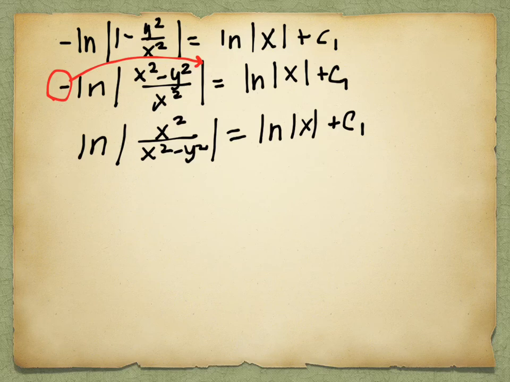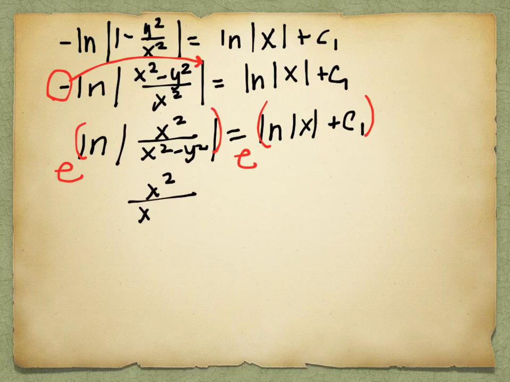And then I can do the base e. Okay, so on the left-hand side, I end up with x squared over x squared plus y squared.